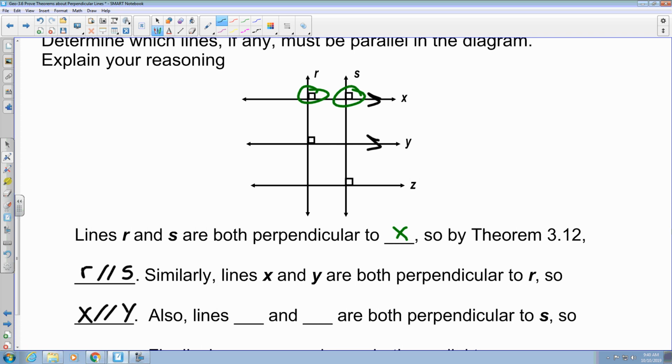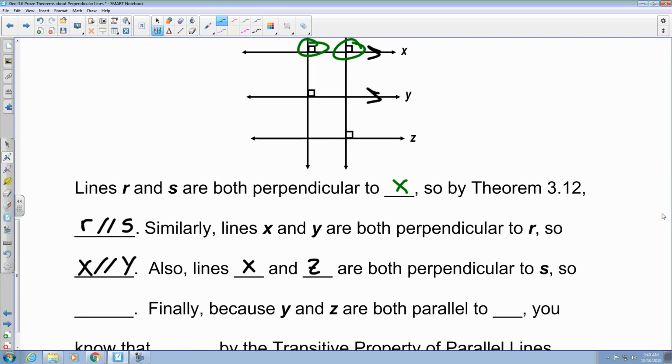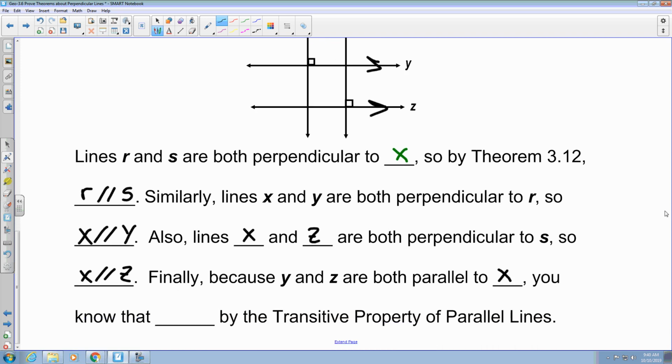Also, lines blank and blank are both perpendicular to S, both X and Z. So now we can say that X is parallel to Z. Finally, because Y and Z are both parallel to X, you know that Y is parallel to Z by the transitive property of parallel lines.